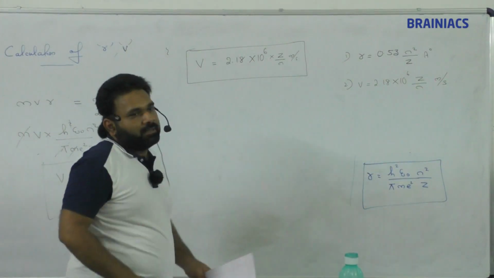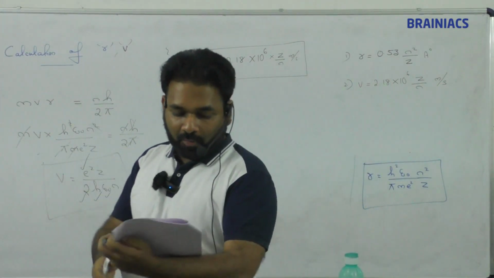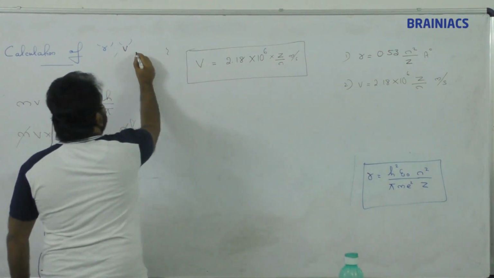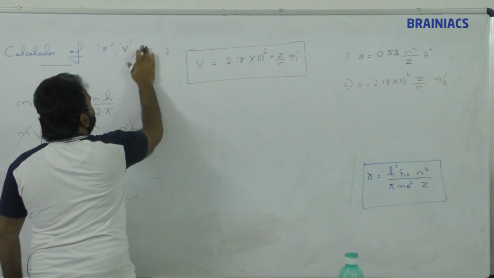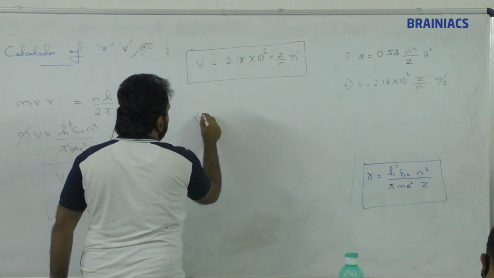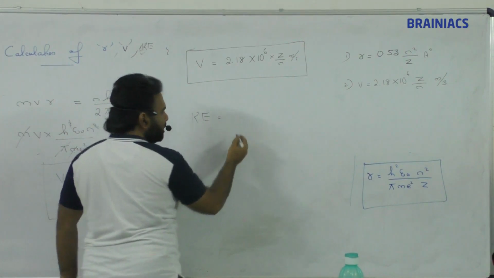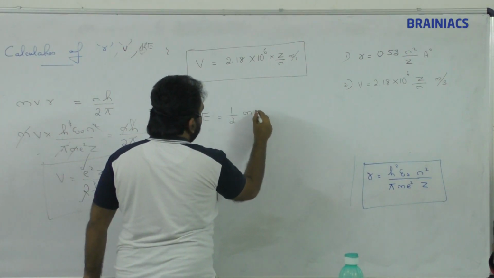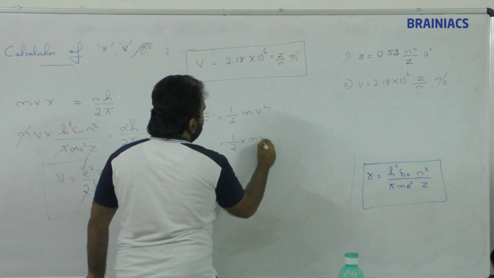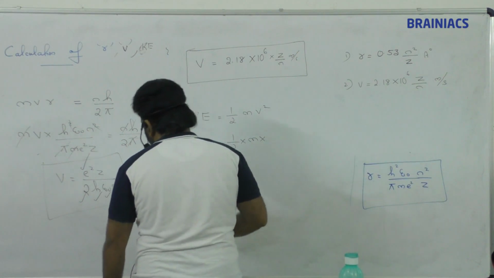Velocity is done. Suppose if we get velocity, then what will be the next temptation? Kinetic energy. Next one is kinetic energy. Kinetic energy is half m v square. So half into m into v square is what?